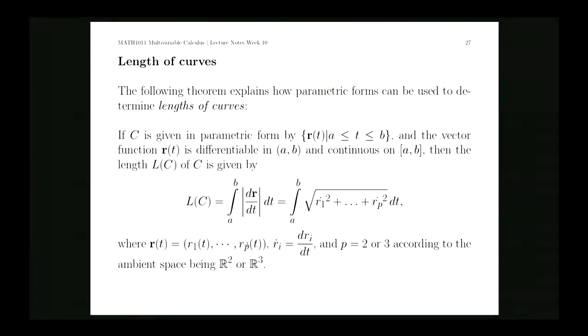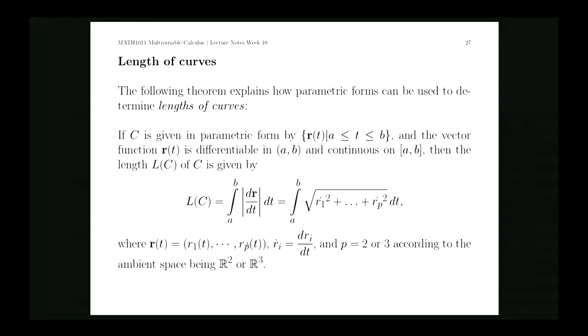Now, the following theorem explains how I can use the parametric form of a curve in any dimension. We're going to stick with 2 and 3, but technically any dimension that I can suitably parameterise by an n-dimensional vector, like so. It turns out that the length of the curve is given by the norm of the derivative of the position vector. In other words, the length of the velocity vector, or the speed vector, we could also think of it that way.